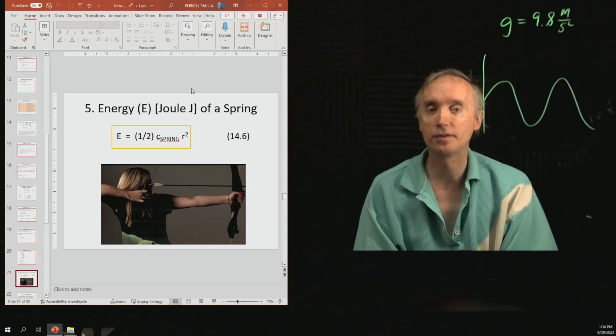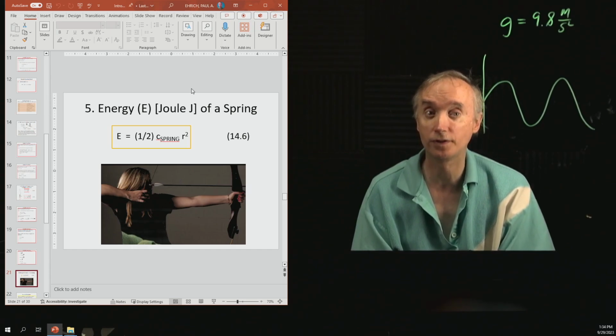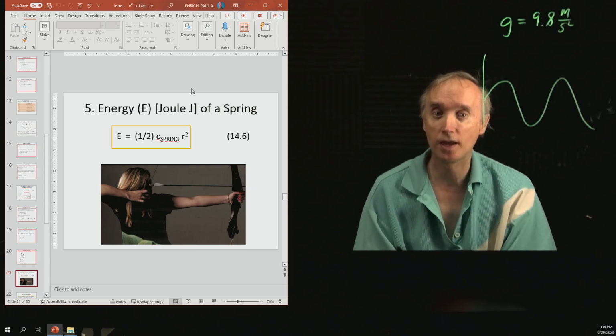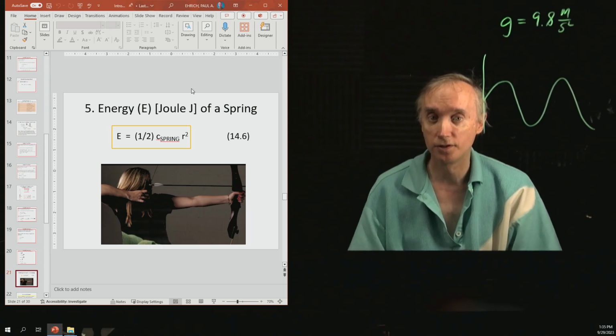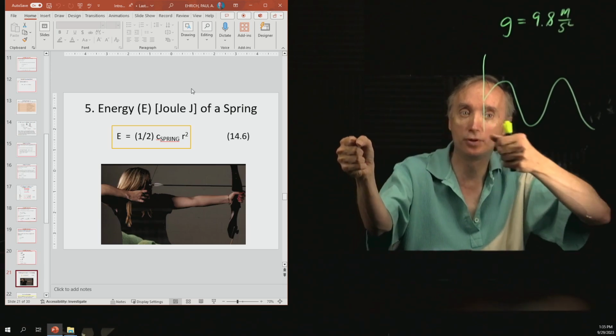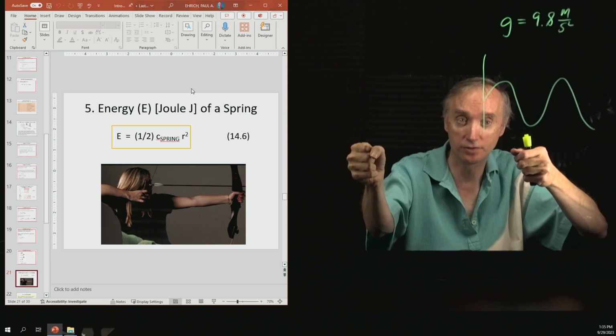Okay, then we talked about the energy of a spring or the energy of an oscillator. So energy E is going to be equal to 1/2 the spring constant of that particular spring times the amplitude squared. So how far back you pull a bow, that's also going to be the amplitude.